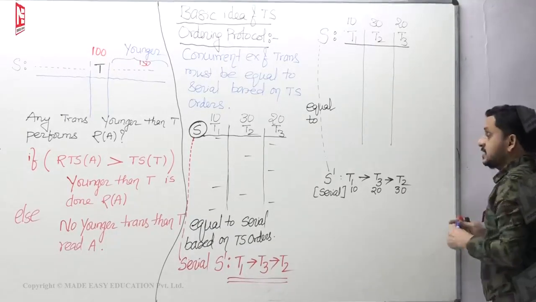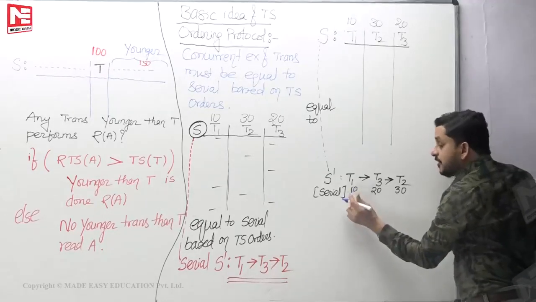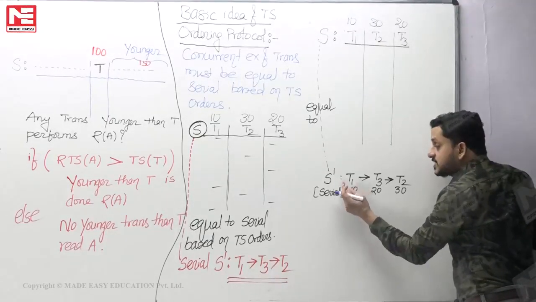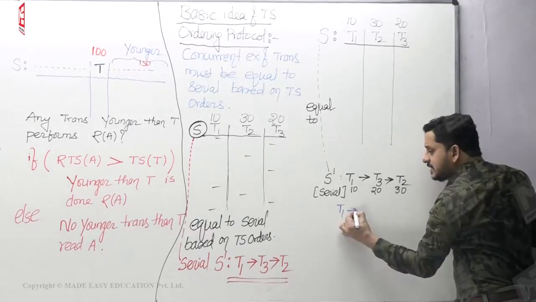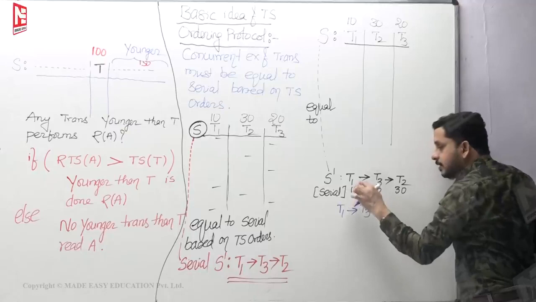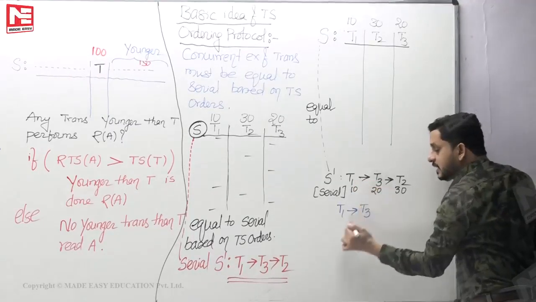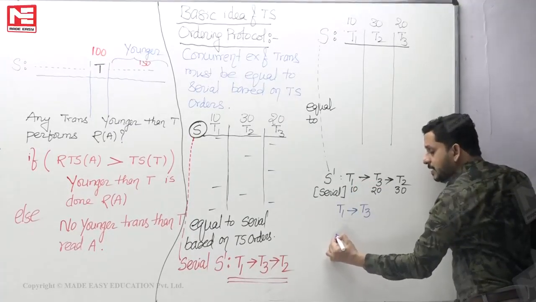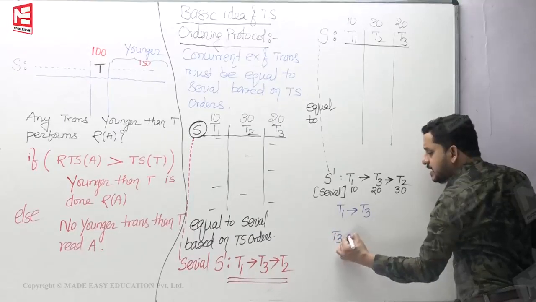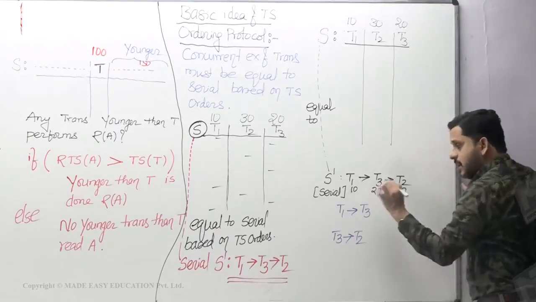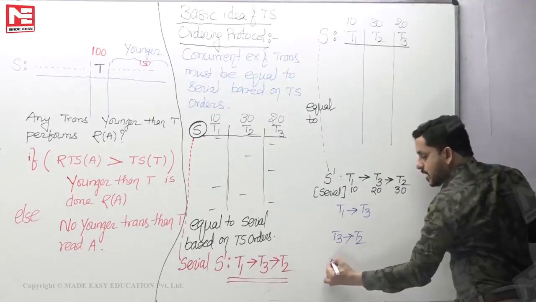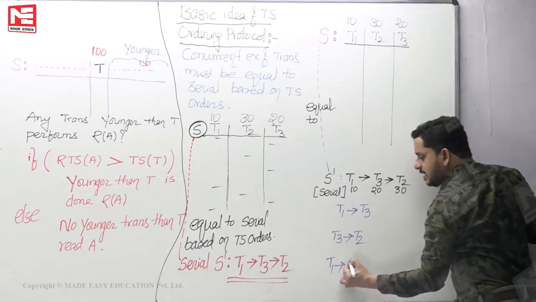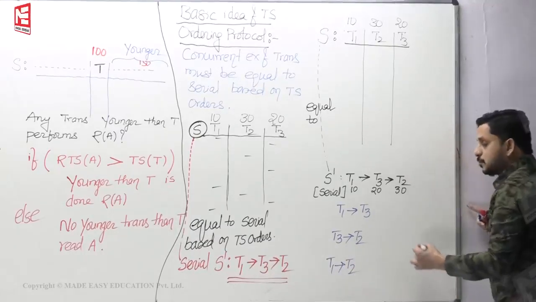It means that the conflict pairs which are executed in the schedule are okay. T1 preceding T3 conflict pair is allowed. T3 preceding T2 conflict pair is also okay. T1 preceding T2 conflict pair is also okay.